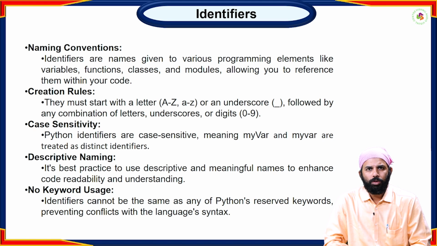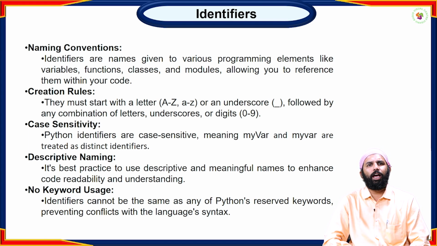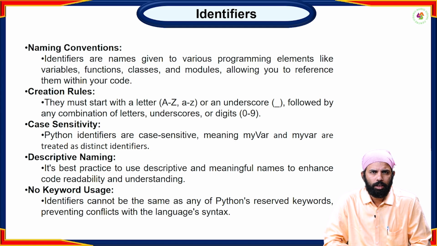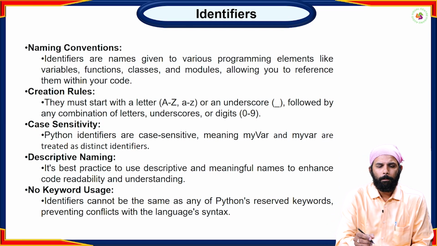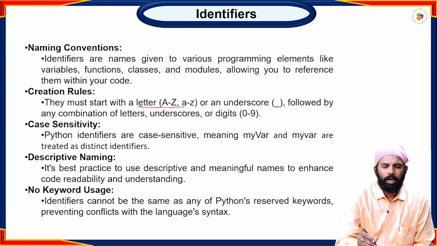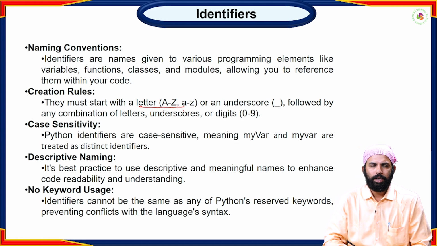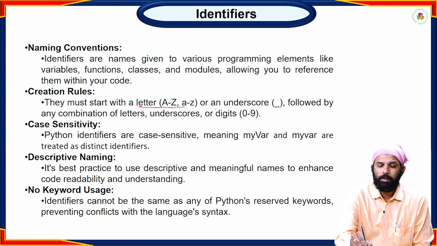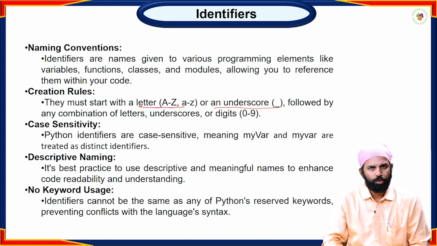What are the different rules when we are giving an identifier name? We must have rules for giving a name to be used as a user defined name. Therefore, every particular identifier name must start with letters, which can be uppercase alphabets or lowercase alphabets, or it can be an underscore also.